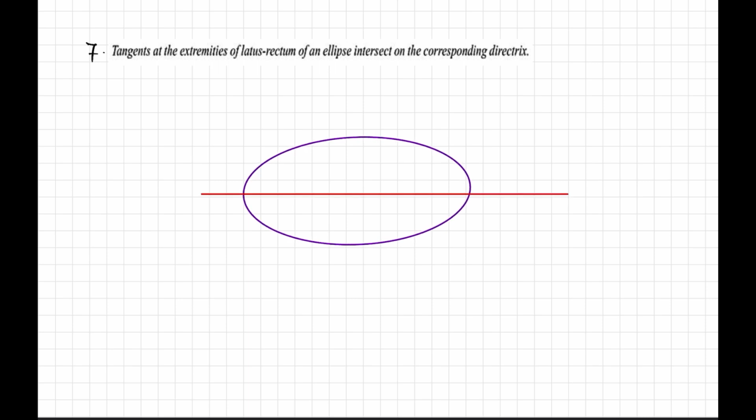So here it says that tangents at the extremities of latus rectum of an ellipse intersect on the corresponding directrix. So if you look at an ellipse here, we draw a major axis and we draw a minor axis. तो ये हमने major और minor axis draw कर लिया. And let us say here we have the latus rectum and this is the directrix.